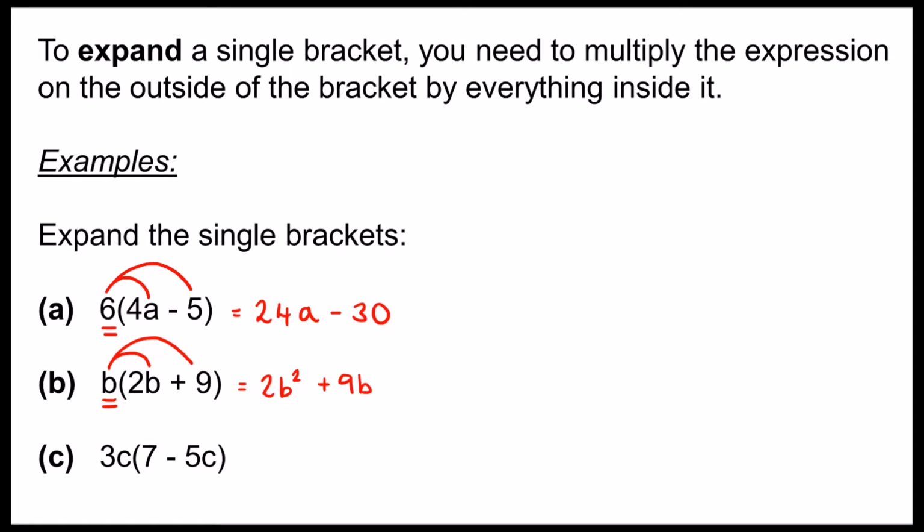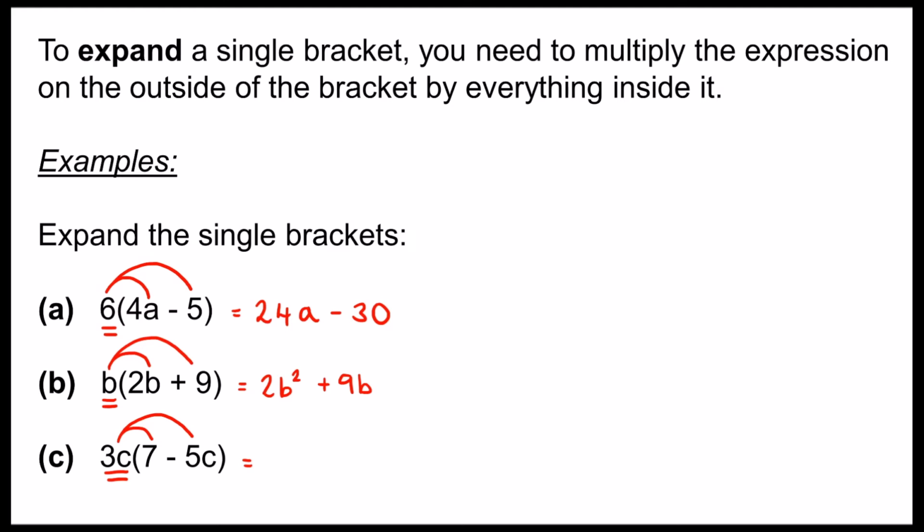In the final example, I have 3c on the outside and 7 minus 5c on the inside. So that means everything needs to be multiplied by 3c. That means that we need to work out 3c times 7 and then 3c times minus 5c.